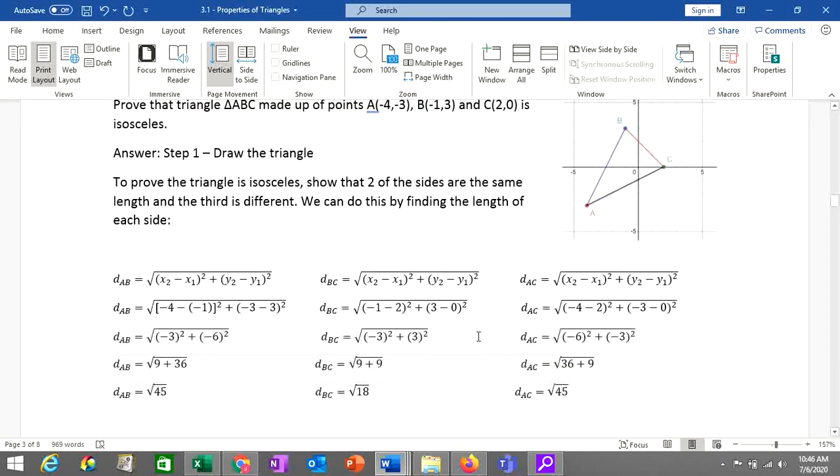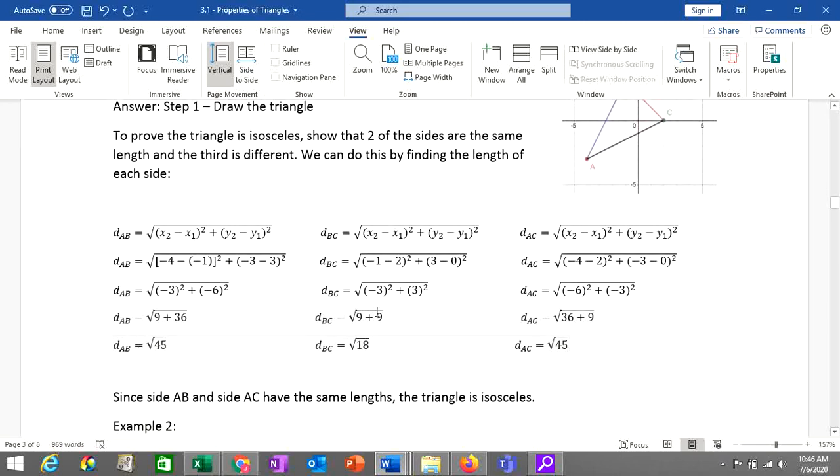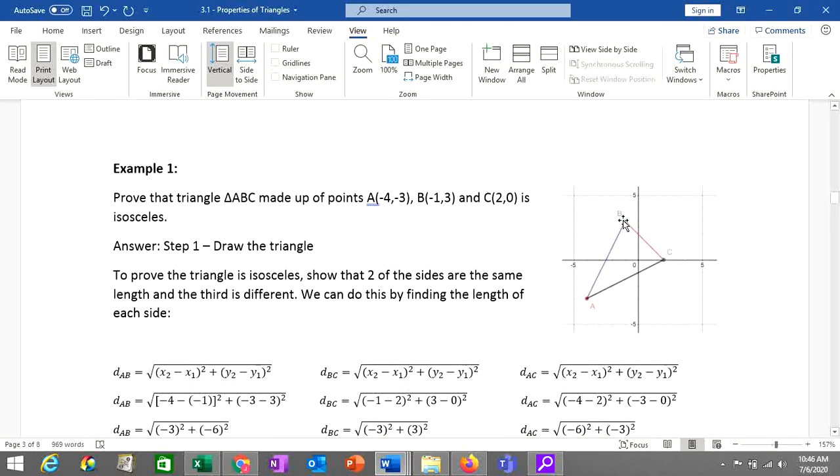All right, I'm going to do the same thing for the length between B and C. So again, I would look at the points B and C, and I could make x2, x1, y2, y1. Do the math, and I'll get the square root of 18. So these 2 sides are different, and we probably would have expected that if we drew our triangle in advance. And we're going to expect that if this is isosceles, this side is probably going to be the same as this one.